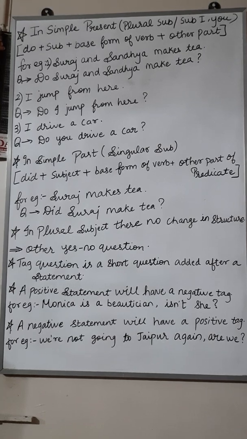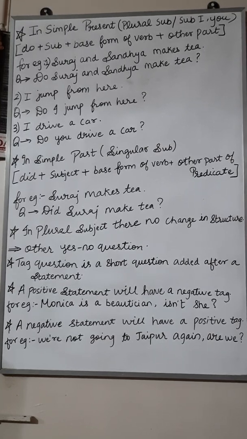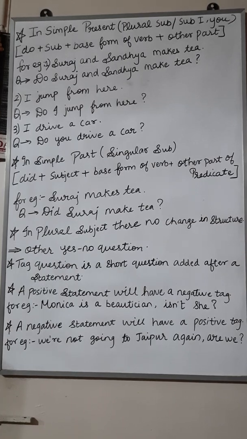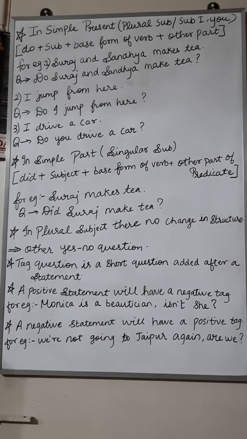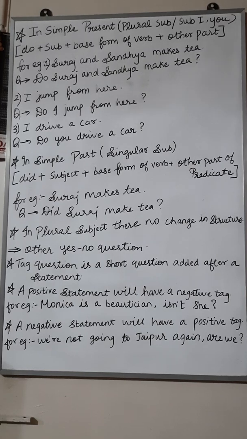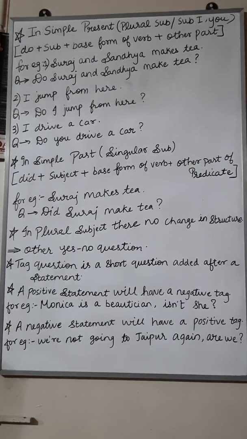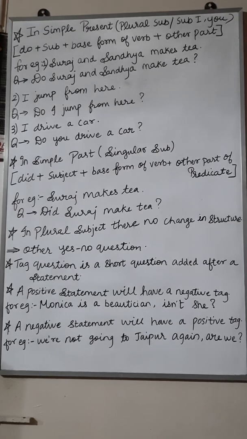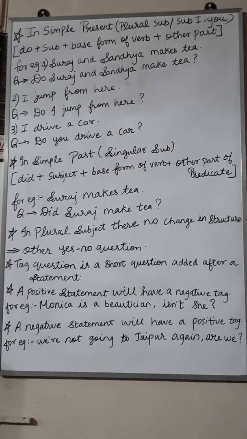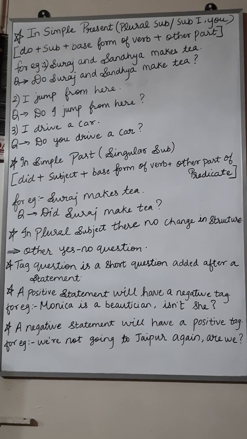Now how will you make it a question? Suraj and Sandhya is a plural subject, so before that you will use "do." So, "Do Suraj and Sandhya make tea?" Do plus subject, "make" is the base form of the verb, and "tea" is the other part.